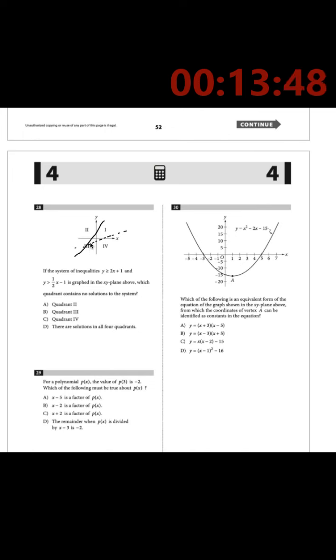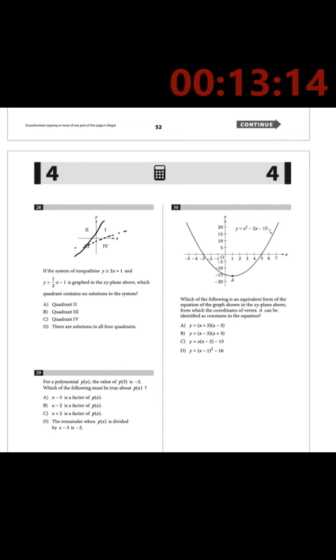And now the solution to the system of inequalities is the intersection of the regions above the graph of both lines.